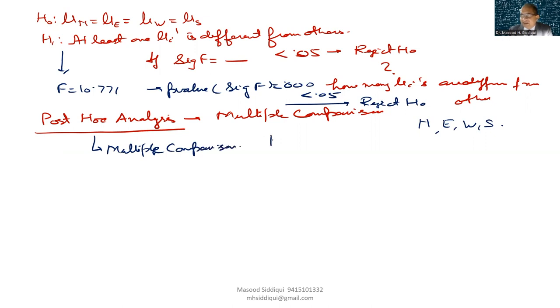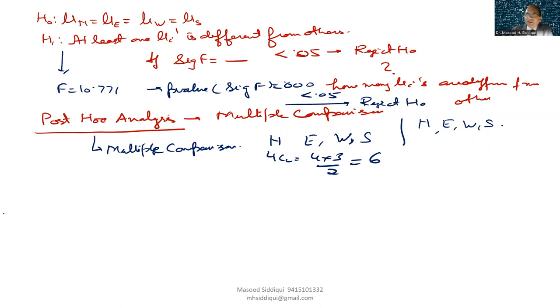Here there are four groups: northern, eastern, western, and southern. So we will be having 4C2, that is 4 into 3 by 2, so there will be six comparisons.